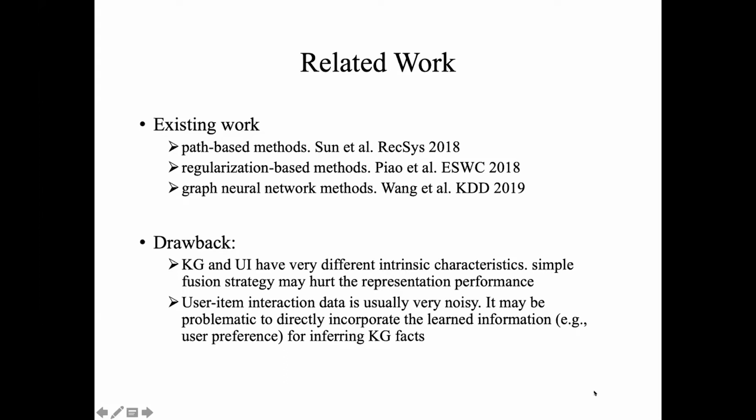It may be problematic to directly incorporate the knowledge information for inferring knowledge graph facts. To solve our task, we have to consider the effects of data heterogeneity and semantic complexity on model design.